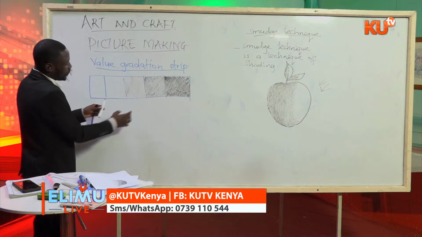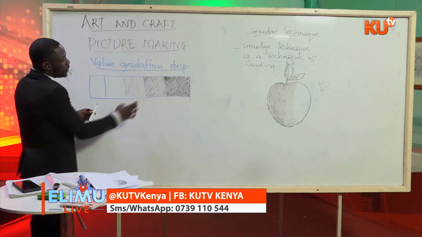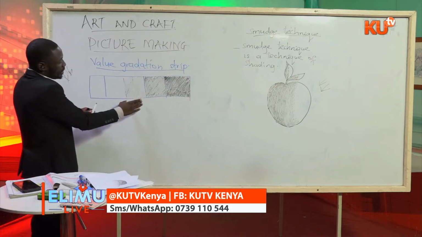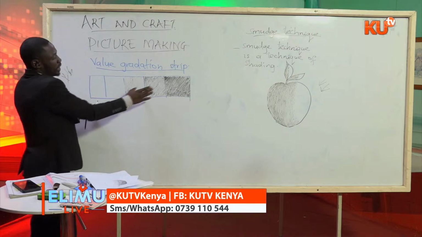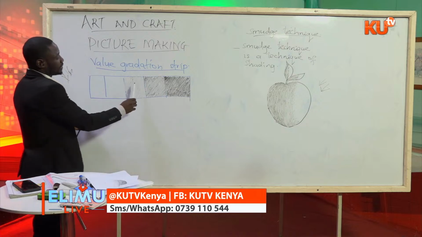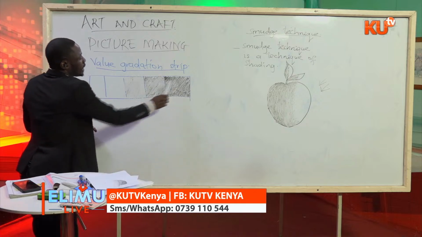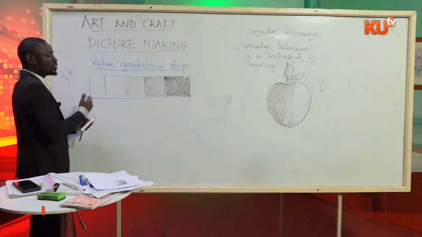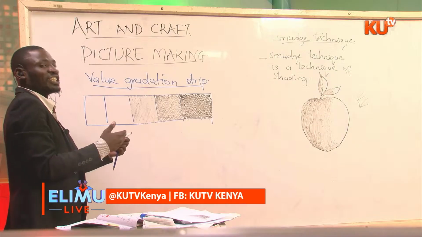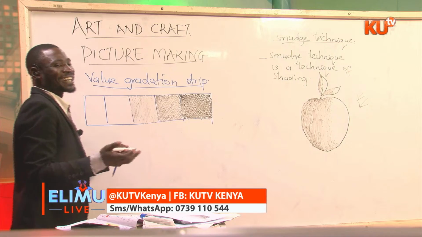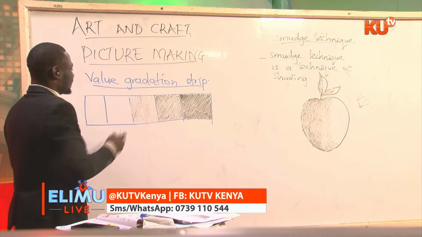As you can see, the third box from my right hand side appears lighter compared to the first one and the second one. So it's dark, darker, and darkest. As we move towards the light, the shade disappears. Darkness fears light.